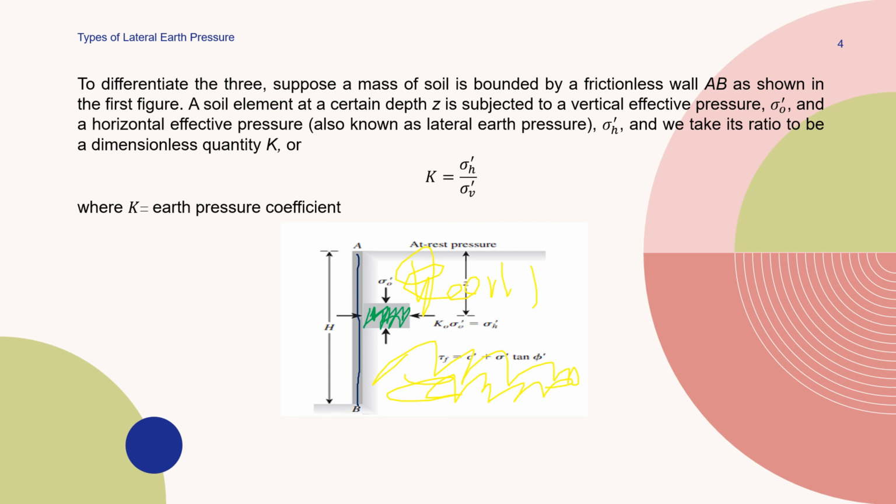K is important for determining lateral earth pressure in all types, whether at rest, active, or passive.